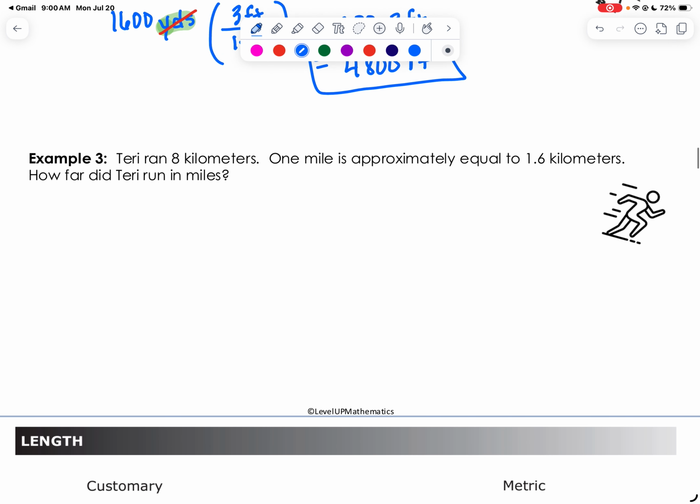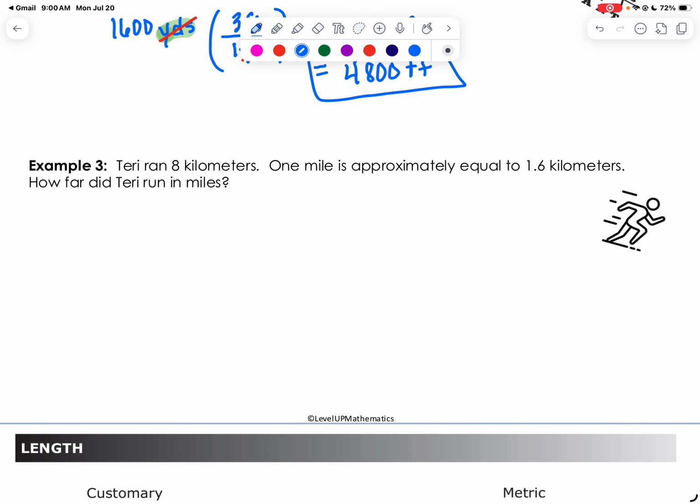Example 3. Terry ran 8 kilometers. 1 mile is approximately equal to 1.6 kilometers. How far did Terry run in miles? So let's write down our unit rate. 1 mile is equal to 1.6 kilometers. All right, so start with what you're given, 8 kilometers, and we're going to multiply it by our unit rate.